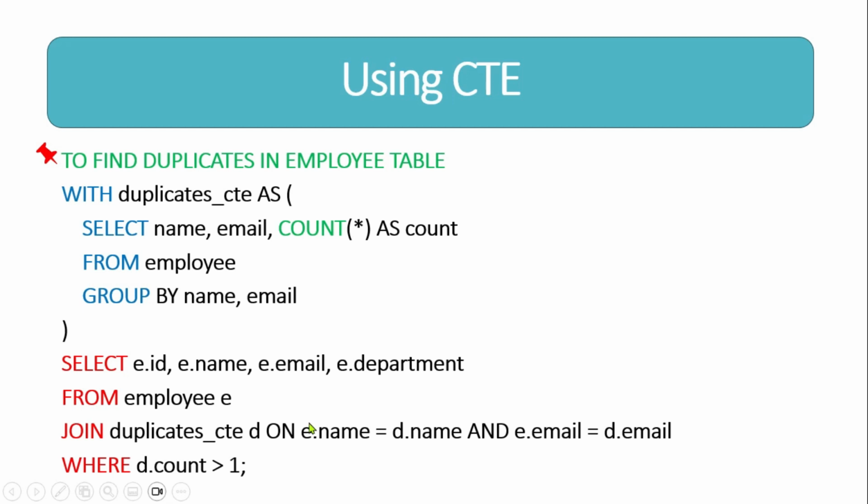Now let's break down our problem into smaller steps. We first create a CTE, meaning a temporary table that contains the count of each name and email combination. Then we join the temporary table with the original employee table to identify the duplicates based on the count.